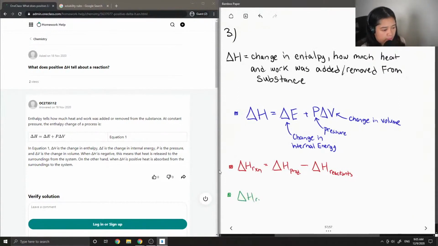If not, then another method to calculate this is the delta H of the reaction is equal to the sum of all the delta H's of our broken bonds minus the sum of the delta H of all the bonds formed.